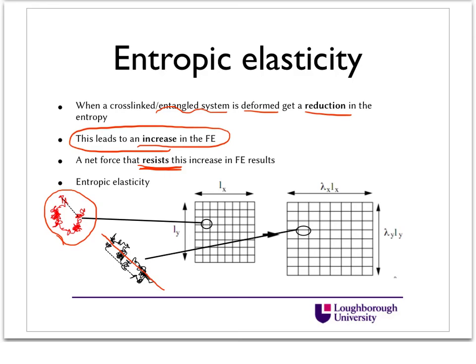So the change in entropy actually gives rise to an elastic effect, and we call that entropic elasticity. And that's the reason rubber is stretchy and goes back to its shape. And actually in polymer melts, due to the entanglements, polymer melts also have distinctly elastic properties.